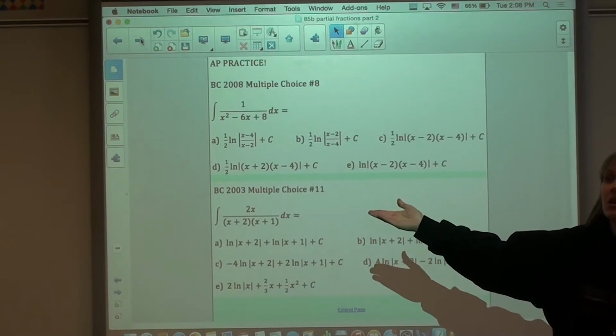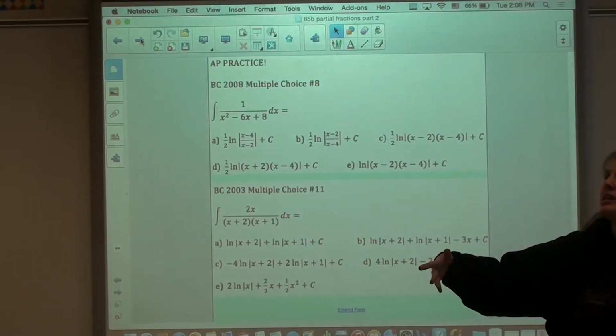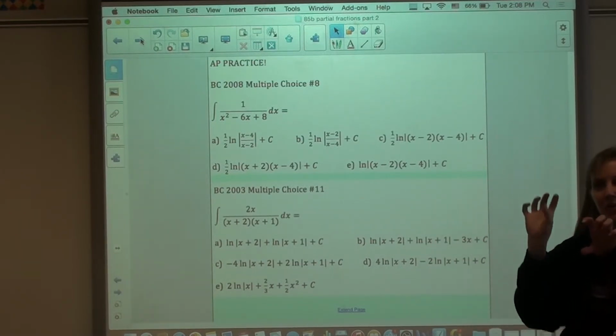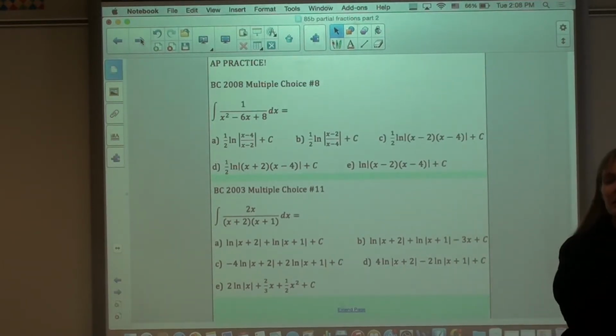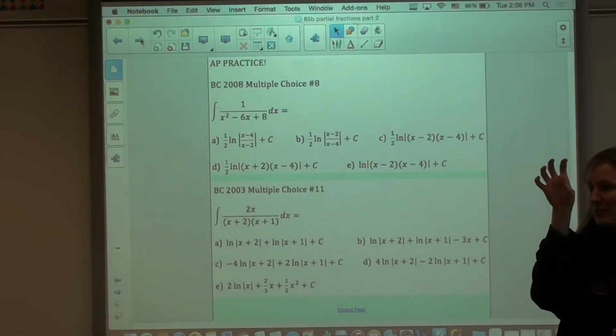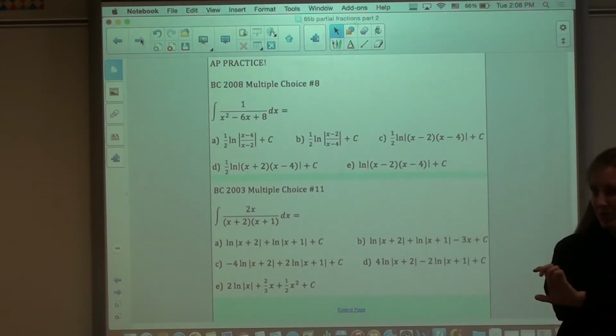Or here's a real common mistake I've seen when doing partial fractions: if you have x minus 4, x minus 2, and a over x minus 4 and b over x minus 2, instead of multiplying through by the LCD and canceling properly, you put the a times the x minus 4 and the b times the x minus 2, switching them, with the wrong fractions. So that's a real common one.